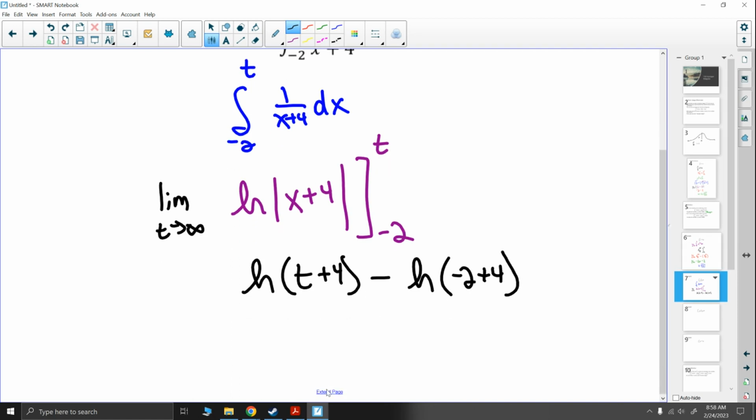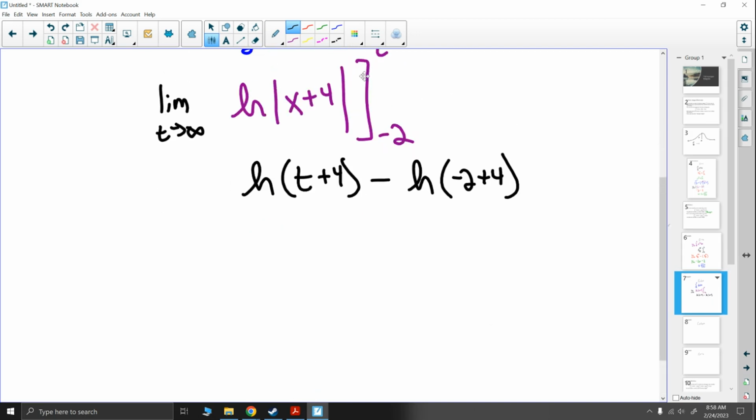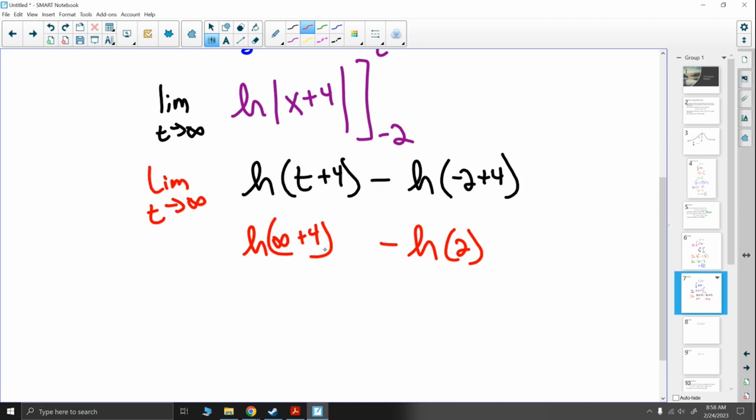Now, negative 2 plus 4, that's just going to be minus natural log of 2. That's a value. Here, natural log of infinity plus 4 is going to be natural log of infinity minus natural log of 2.